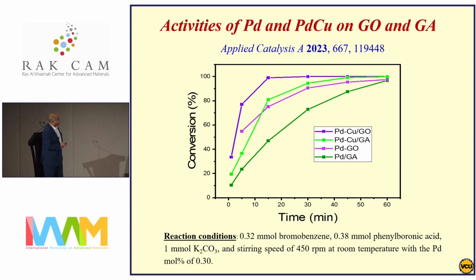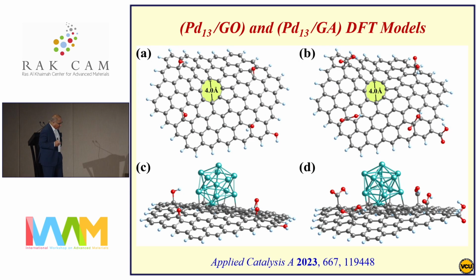So to conclude this part, we also did some theoretical DFT calculations to understand the reason that the graphene oxide support behaves better as compared to graphene acid for the same reaction.